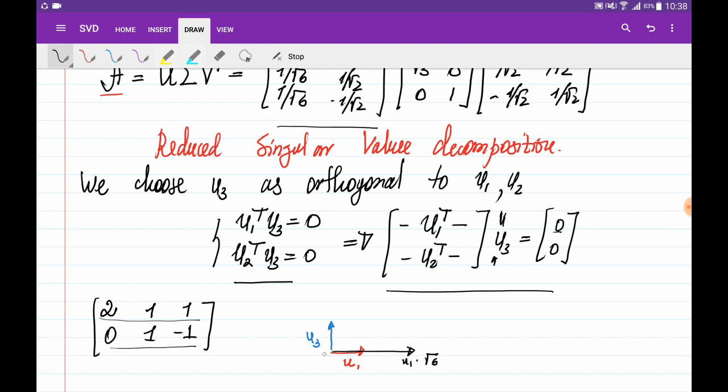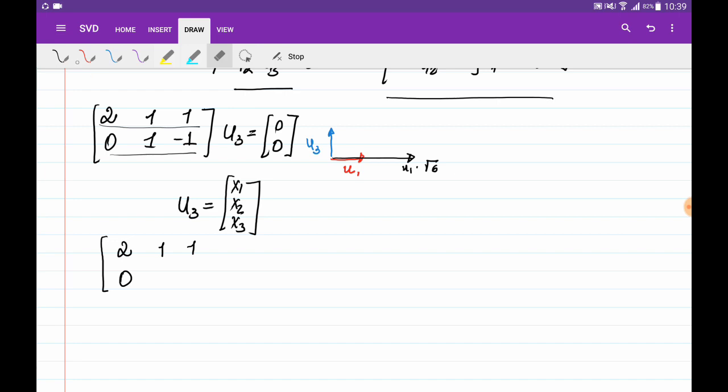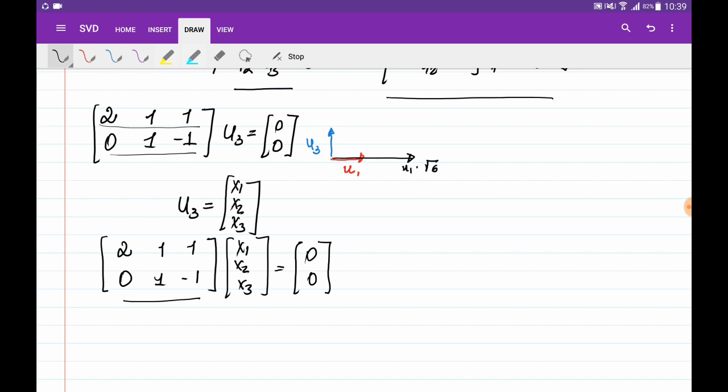So basically, the matrix 2, 1, 1 and 0, 1, minus 1 multiplied by x1, x2, and x3 should be equal to 0 and 0. Basically, we need to find the null space of this matrix.